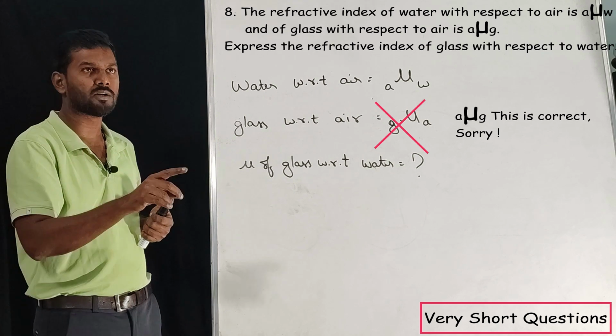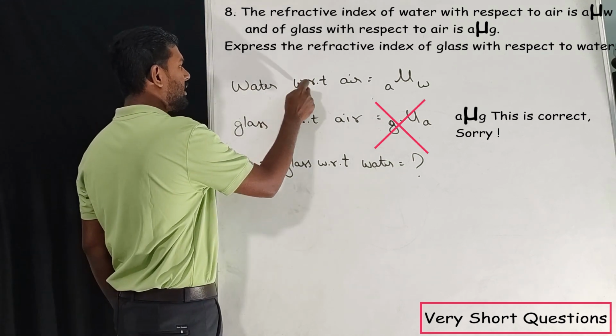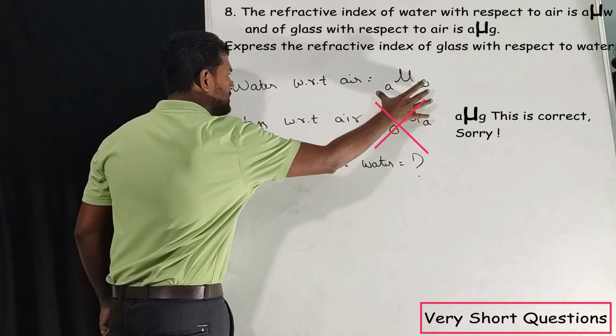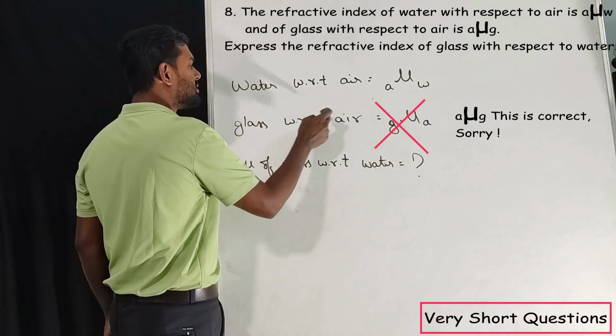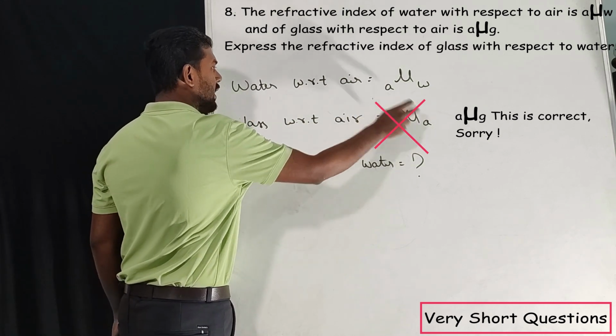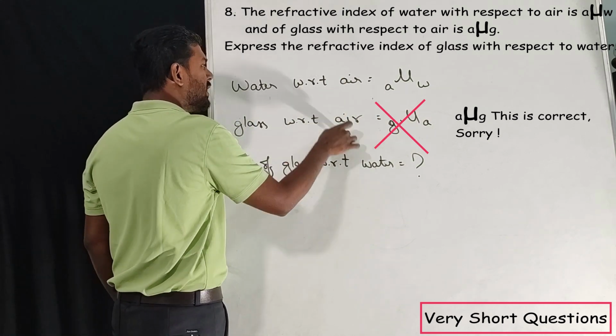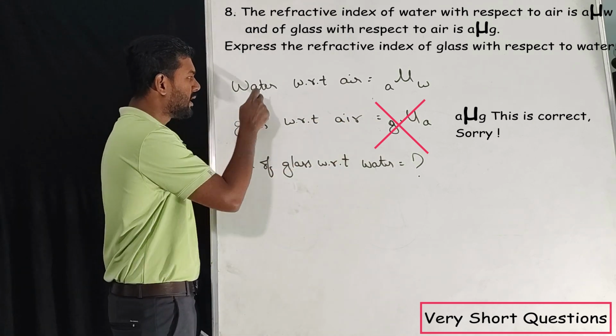See, first I'll make you understand these things. Refractive index of water with respect to air. So this is what they have given. Mu A, mu W. Glass with respect to air, that is G mu A. In both cases what they have in common is air, but in the question they have removed air, and it is only with respect to glass and water.